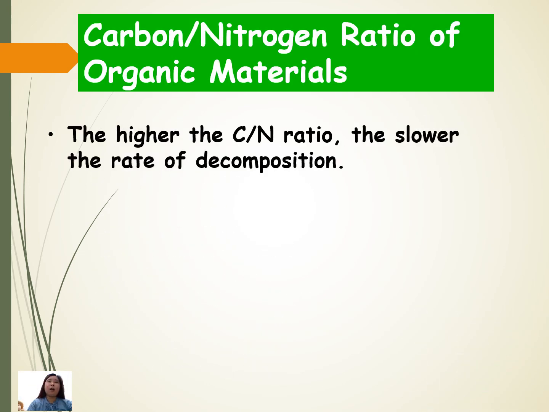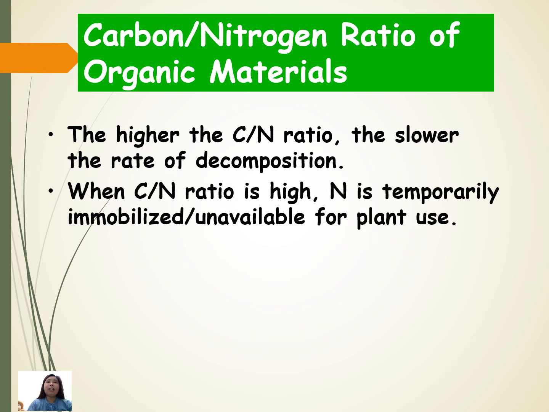So in terms of carbon to nitrogen ratio, if we are talking about decomposition, the higher the carbon to nitrogen ratio of an organic material, the slower the rate of decomposition. So there is an inverse or indirect relationship between the C:N ratio and the rate of decomposition. When C:N ratio is high, nitrogen is temporarily immobilized and unavailable for plant use.